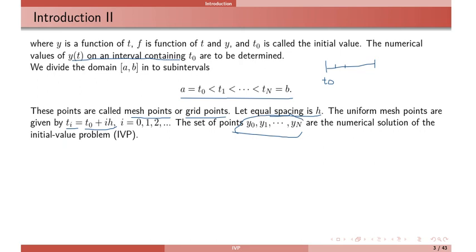So the solution at t naught is denoted by y naught, which is given, and the solution at t1 is denoted by y1, and the solution at the next point is denoted by y2, and so on. So we will find the solution at these discrete points by using numerical techniques.